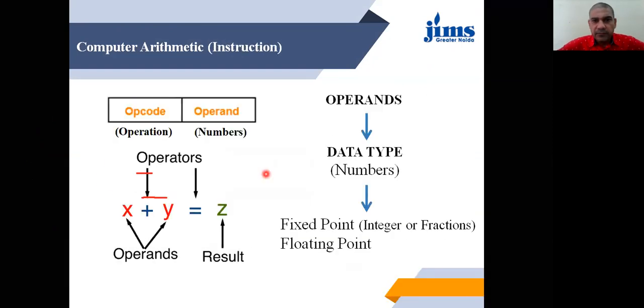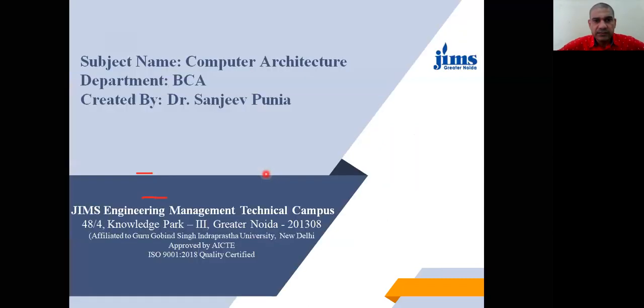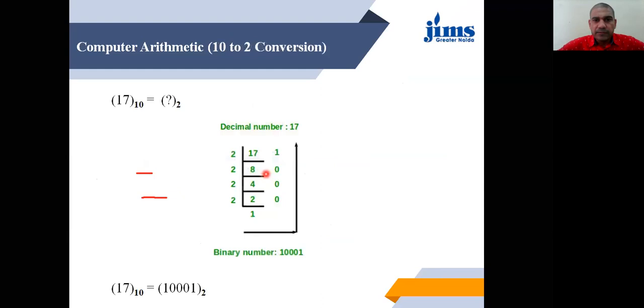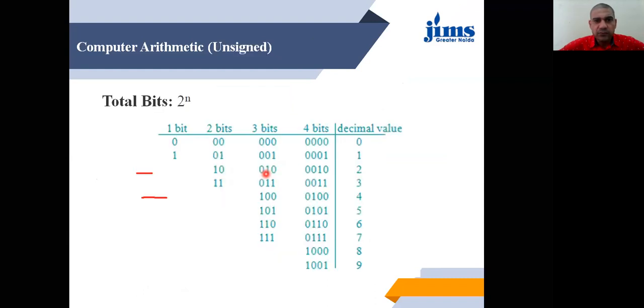Let me bring the slide over there. This was what we did in the start: we did the number systems, the different number systems. As I told you, we discussed this also, the total combinations of the bits.